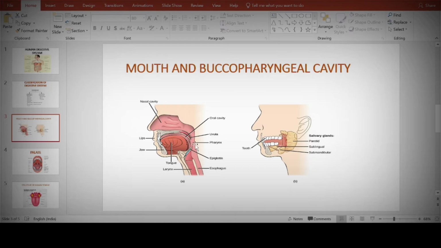One is the nasopharynx, this part you can see, and the lower part of the pharynx is called the oropharynx. The oropharynx basically comes under the portion of the oral cavity.